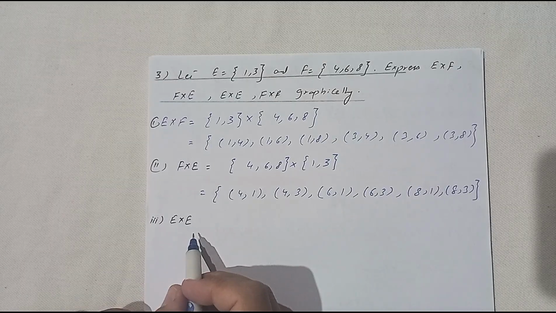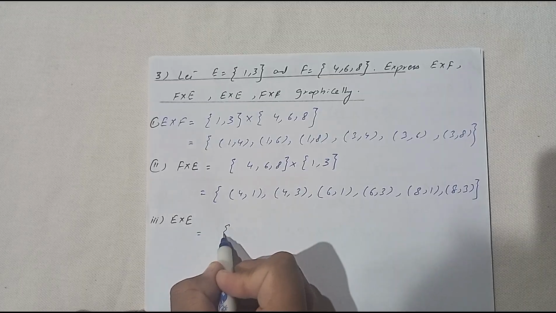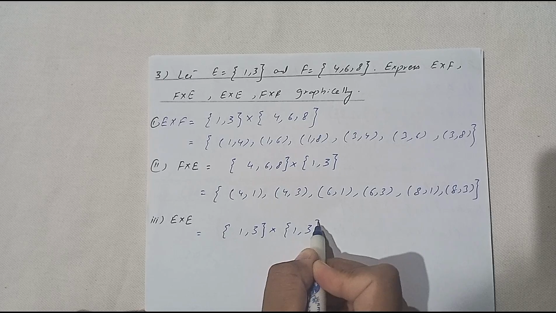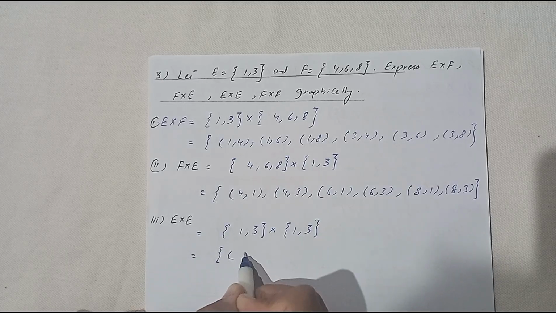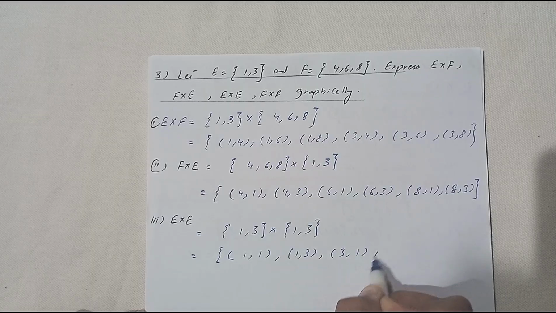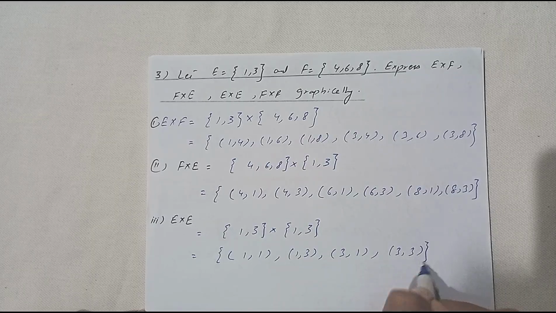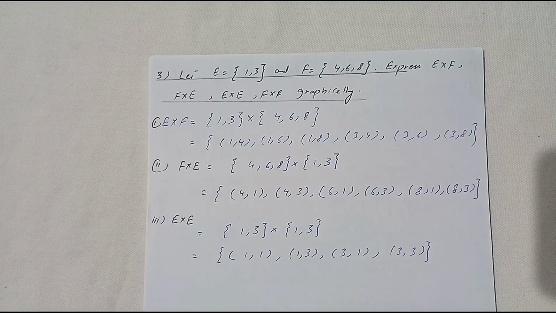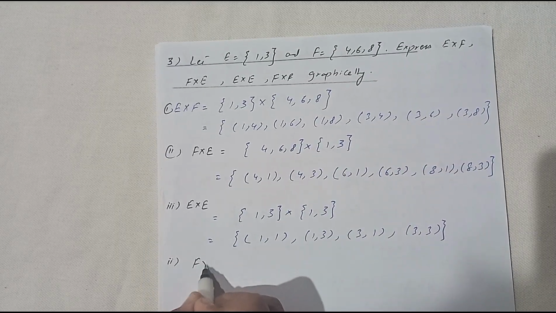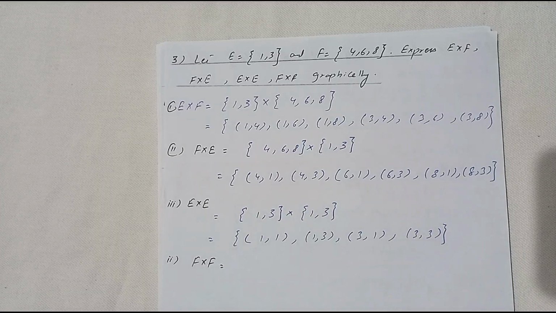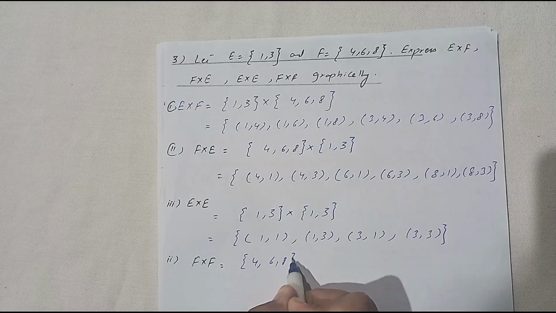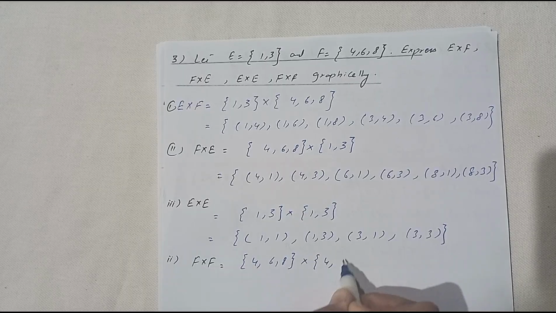Third one is the cross product of E cross E, that equals 1, 3 multiplied by 1, 3: 1,1; 1,3; 3,1; and 3,3. And the last one, we have to find the cross product of F cross F, that equals 4, 6, 8 multiplied with 4, 6, 8.